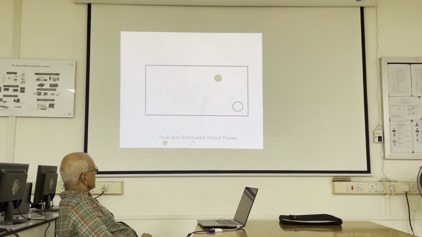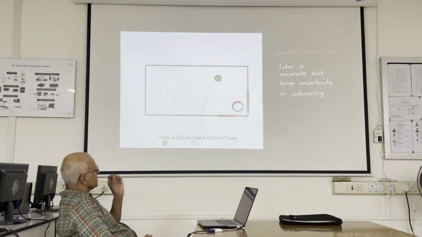So let's try to map this room one more time. But this time we'll say that the LiDAR is still pretty accurate, but there's a large uncertainty in the odometry measurements. I don't know, maybe one of the wheels keeps slipping, so the robot thinks it's moving in a different direction than it actually is. So let's see how this works out for our robot. We get an initial LiDAR measurement, and we assume that there's an obstacle there just like before, and then we drive a little bit.